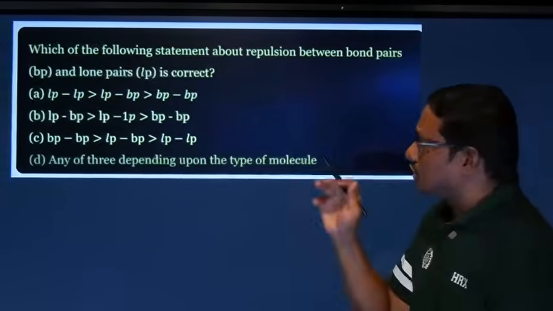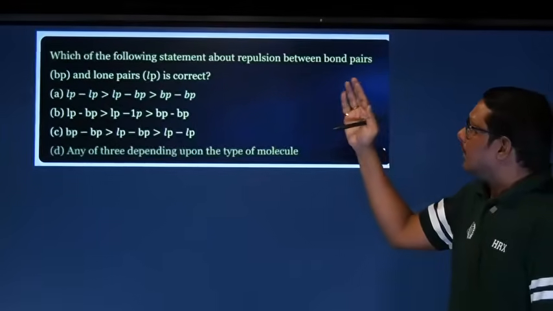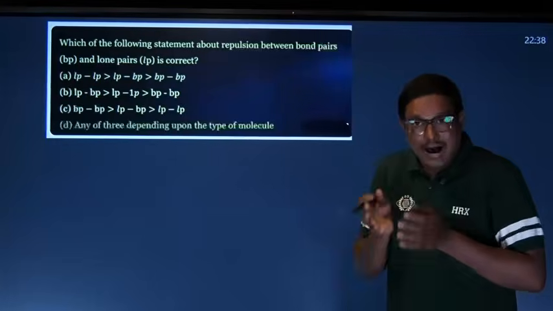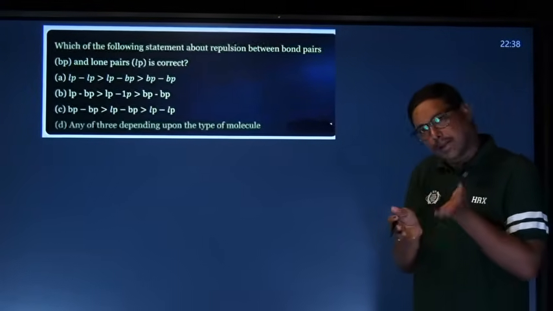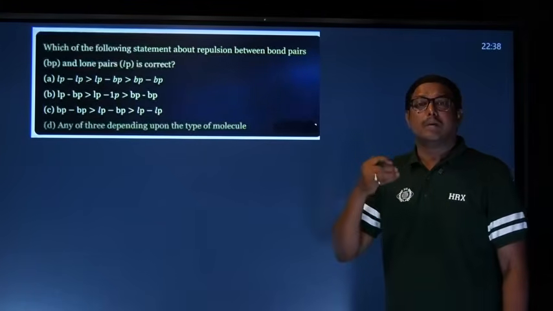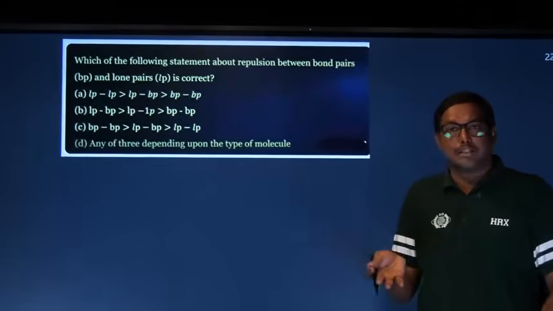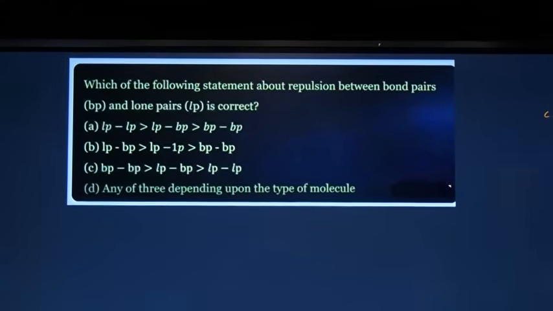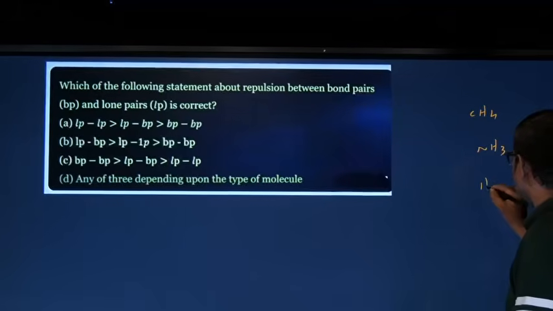Yes. So this question was already asked in NEET previously. Which of the following statements about repulsions between bond pair and lone pair is correct? We know that lone pair-lone pair repulsion is very high compared to lone pair-bond pair, then bond pair-bond pair. I repeat again, due to the presence of lone pair repulsions, the bond angle also decreases. We have a best example. For example, this is my methane molecule, this is my ammonia, this is my water molecule.